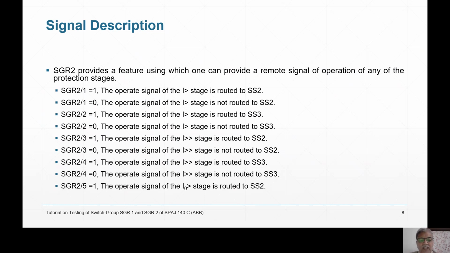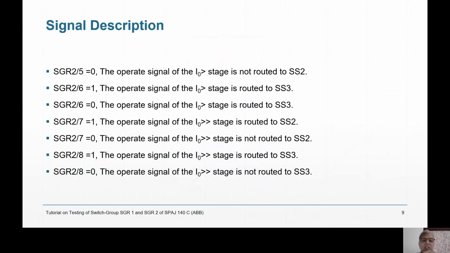SGR2 5 equal to 1, I0 greater than will reach SS2, one signal location, with I0 greater than being some plug setting value. SGR2 6 equal to 1, it will reach SS3, another signal location. SGR2 6 equal to 0 is for not allowing I0 greater than to reach SS3.